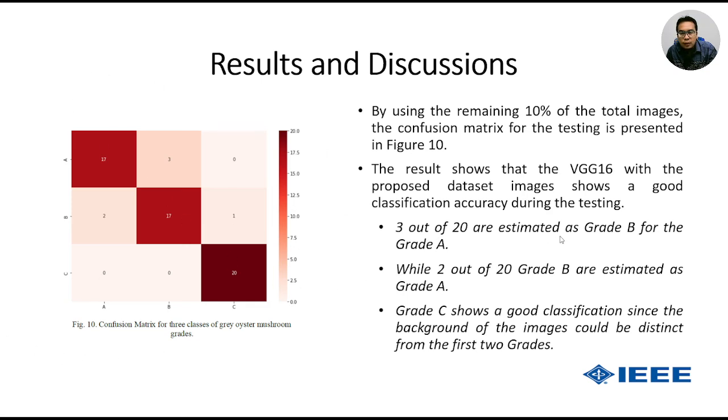So 3 out of the 20 are estimated as grade B. For grade A, basically only 3 are not classified as A. For the B tested images, we have 2 for A and 1 for C for the targeted B. And the C group is almost perfect, with all 20 images classified as category C, whereby C illustrates the other category apart from can be sold and cannot be sold.